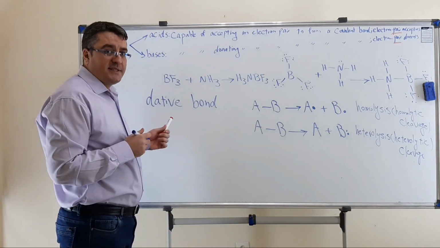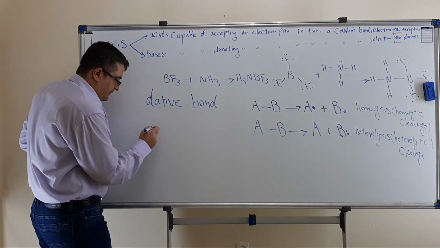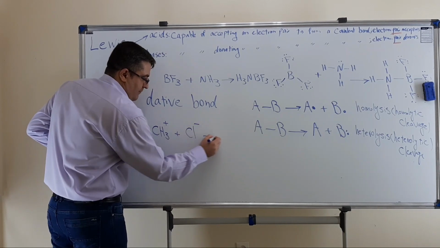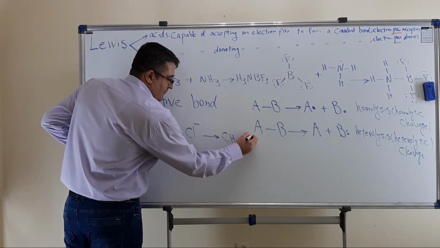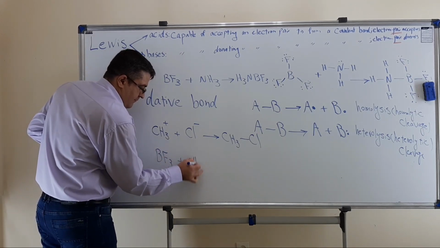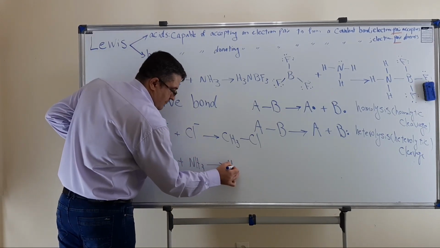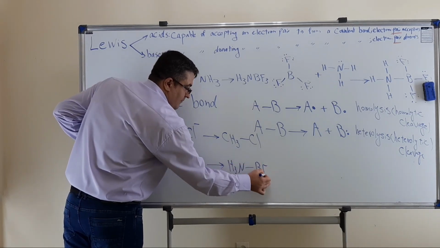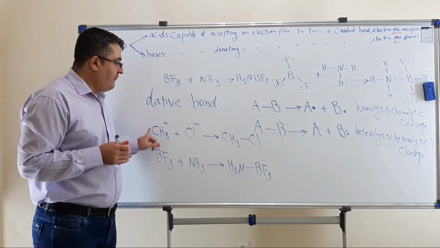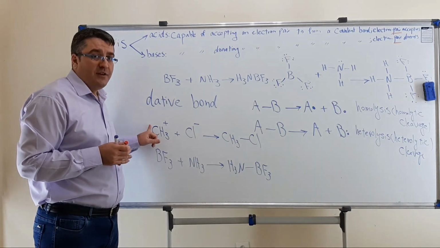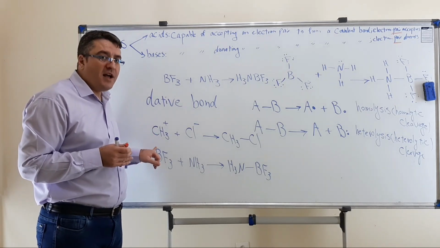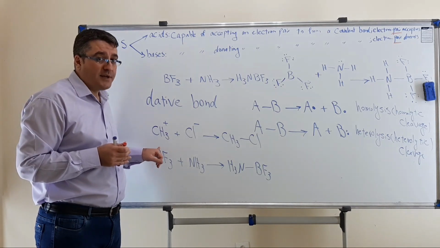For example, consider these two reactions. In both of these reactions, we have coordination, the formation of a covalent bond whose two shared electrons have come from only one of the two parts.